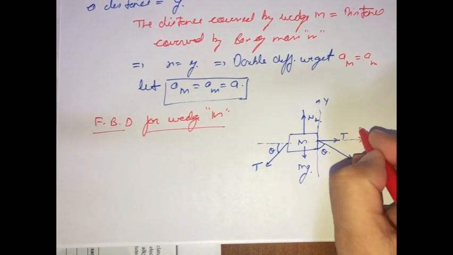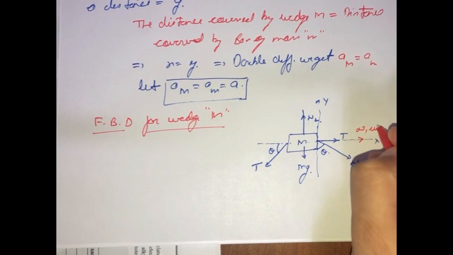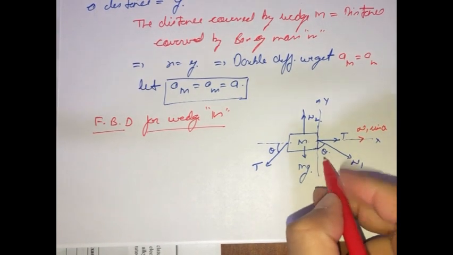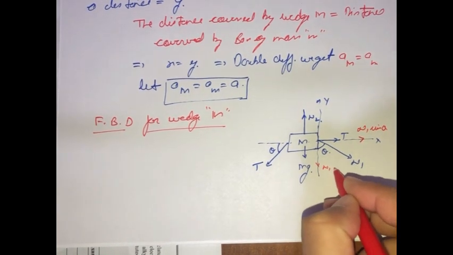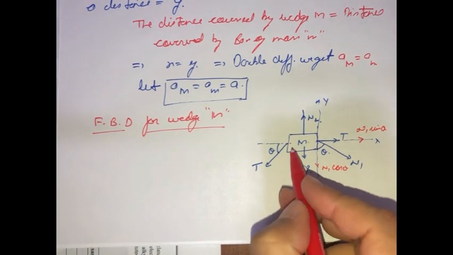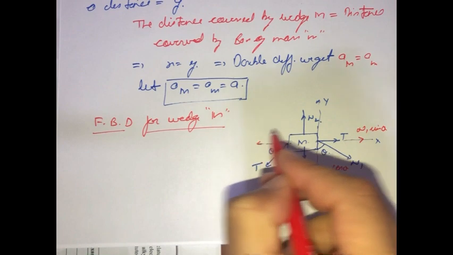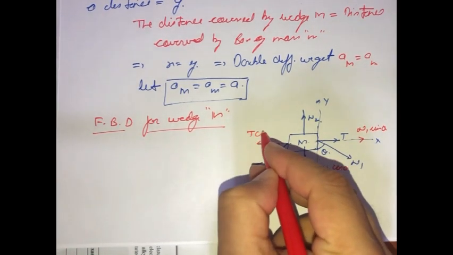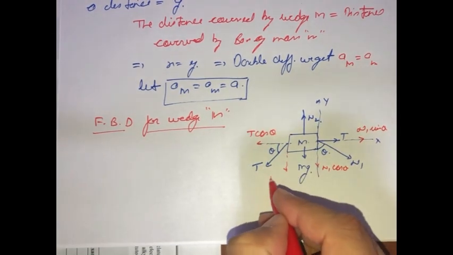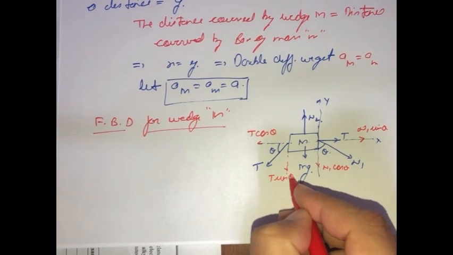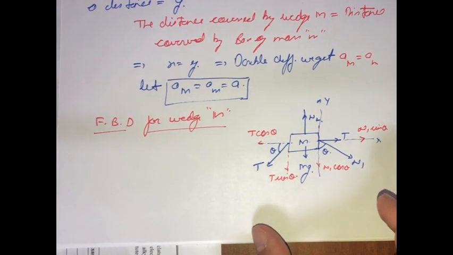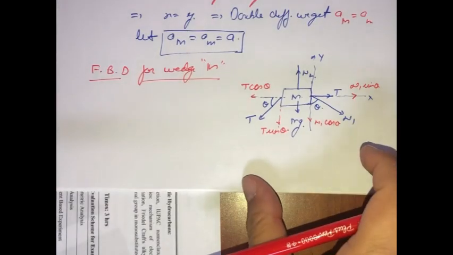We are going to have this N1 sine of theta, and here it will be N1 cos of theta, and similarly for tension, this will be T cos of theta, and this will be T sine of theta. These are the various forces.